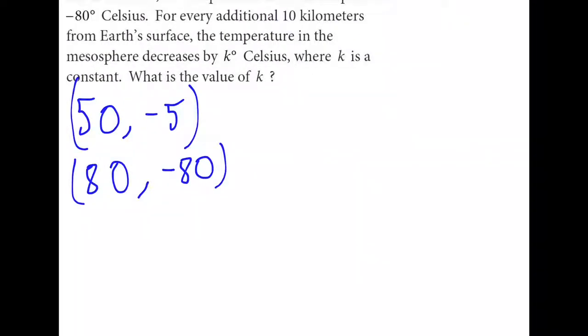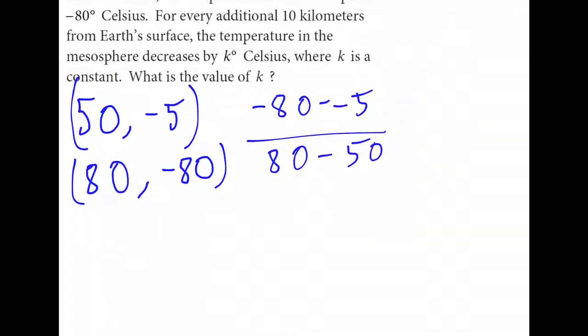If I treat these distances and temperatures like coordinates, I can use the slope formula to figure out the rate of change. So I'm going to take y2 minus y1, which is -80 minus a -5. I'm going to divide that by x2 minus x1, which is 80 minus 50.